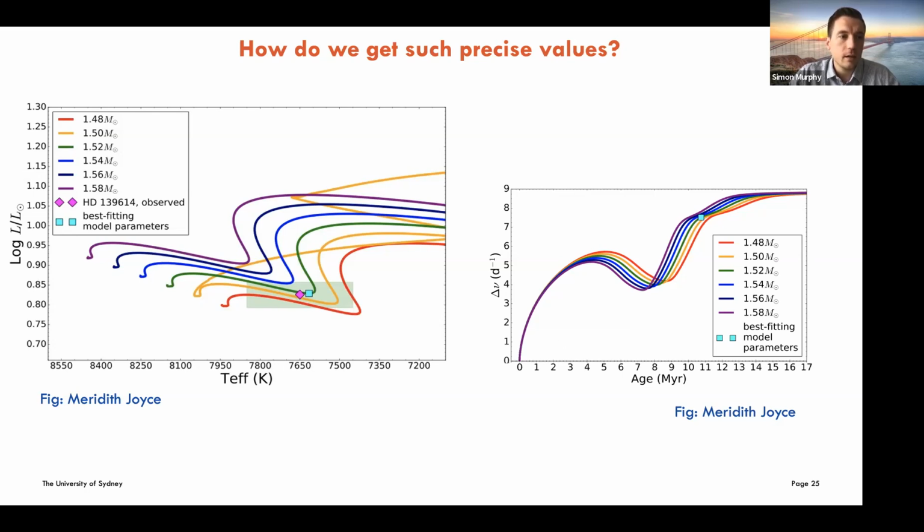So the more massive stars are going to evolve a little bit more quickly, so they're going to reach their highest values of delta nu a little bit earlier, and that separates the tracks. And that really allows us to hone in on the correct mass and therefore get a better precision on the age, because we don't quite have the degeneracies that we might have in other parts of the HR diagram.